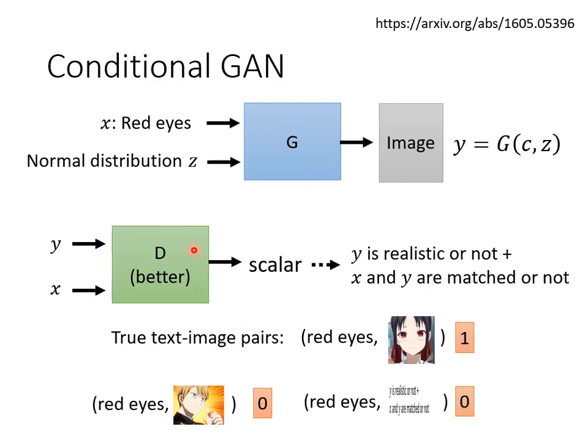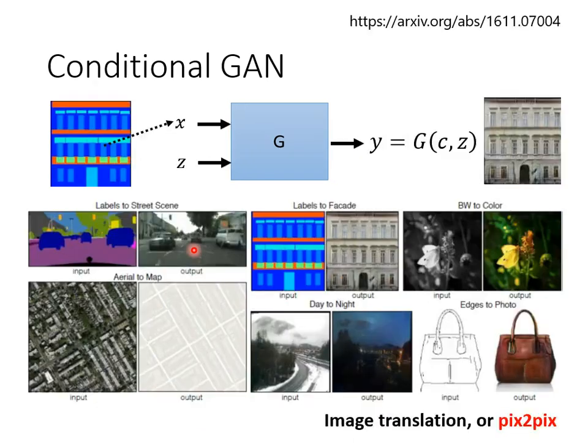This is conditional GAN. So in the current example, it usually generates a picture given a text description. The applications of conditional GAN are not only generating a picture given an input text, but also generating a new picture given an input picture. There are also many applications about generating a picture given another picture.